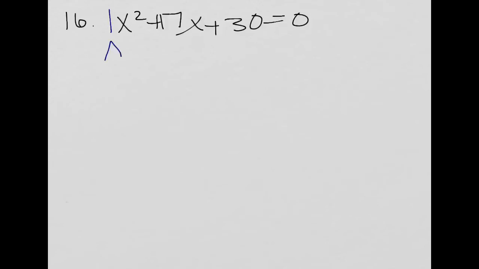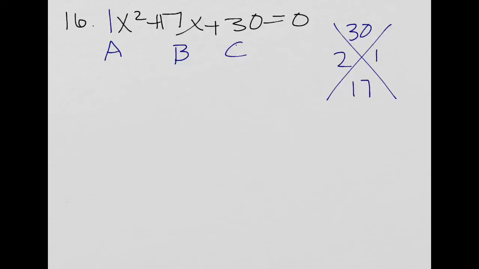Number 16 asks me to solve by factoring, which means I'm going to factor, but I'm also going to keep going and set it equal to 0 and solve. So first term has a 1. So A is 1, B is 17, C is 30. So I factor it. So A times C is 30, B is 17.